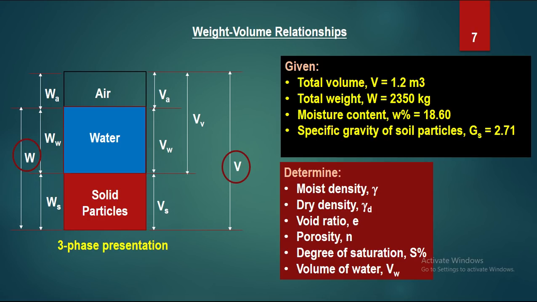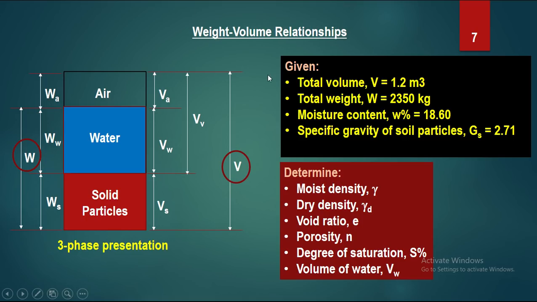Okay, so now let us try to solve one problem which is very commonly given in the exams, or you'll have to encounter in your professional life. I'll show you how frequently you have to deal with three-phase presentations and weight volume relationships in my later lectures.